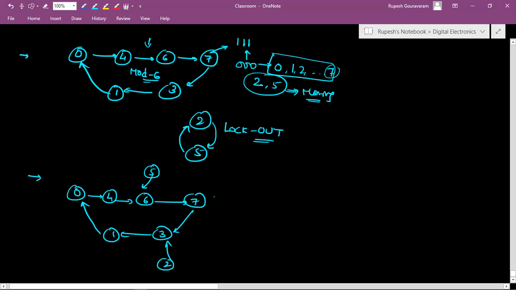Here also 2 and 5 are unused, but this is a mod 6 counter. Though 2 and 5 are unused, occurrence of state 2 or 5 will not lock out the counter. Immediately it will go into 6 or 3, and the counter continues. So this is a self-starting counter.